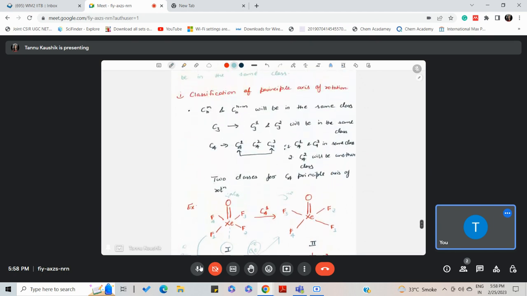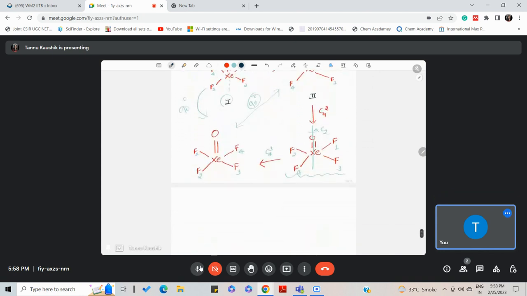Similarly, if we take the C5 principal axis of rotation, we will have these operations: C5^1, C5^2, C5^3, C5^4.